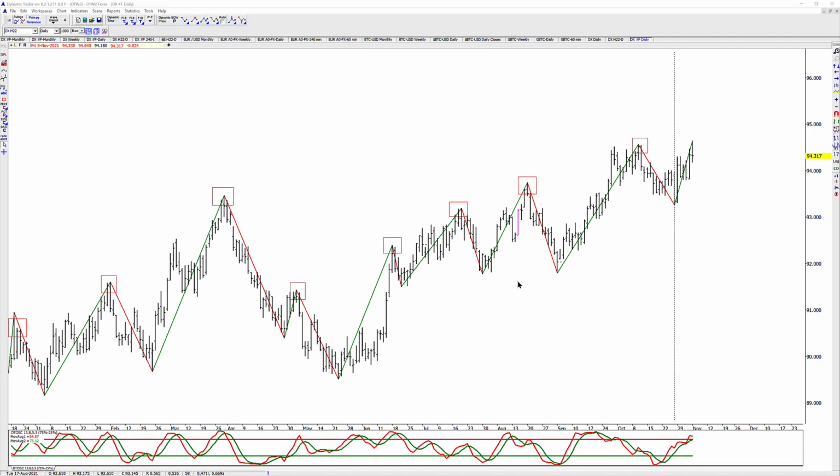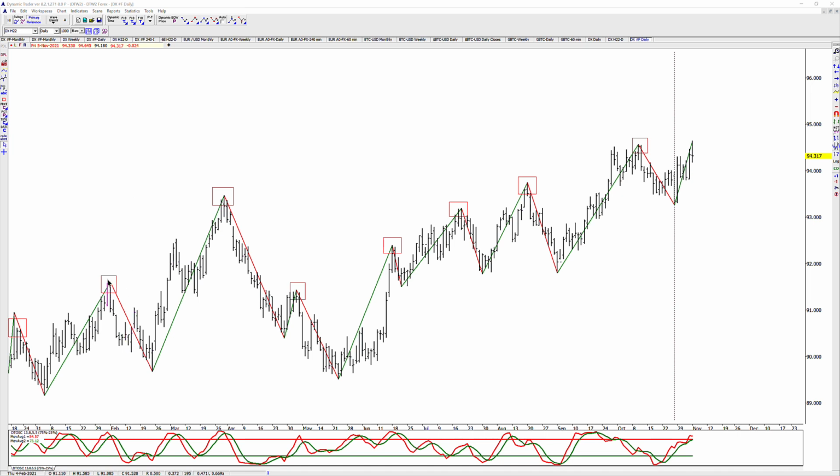So it can be useful to us to identify if a market's in a position, or reaching a time position, to make a reversal. On this daily data, you can see I've marked off the highs and lows. These little boxes don't really mean anything. It's just so we can clearly identify where the highs are, and these are just little swing lines that are entered in the Dynamic Trader program.